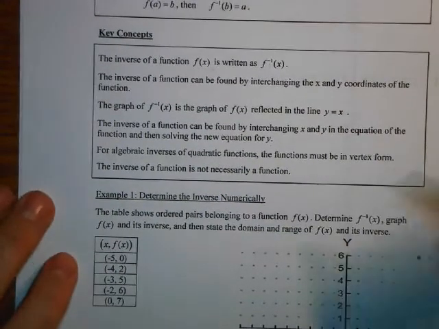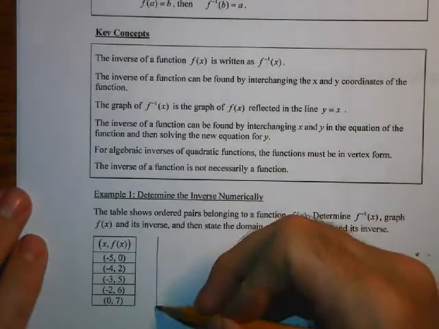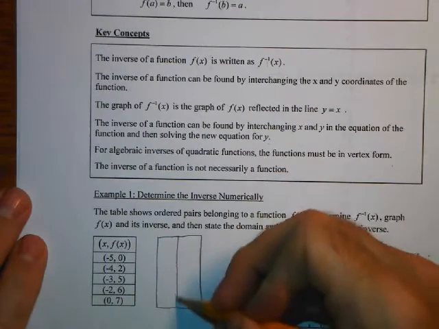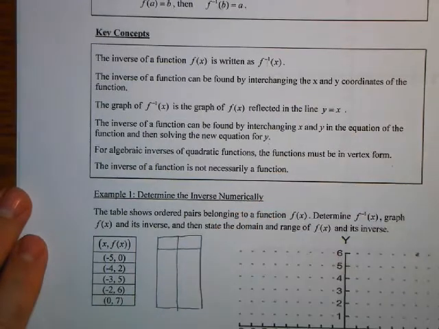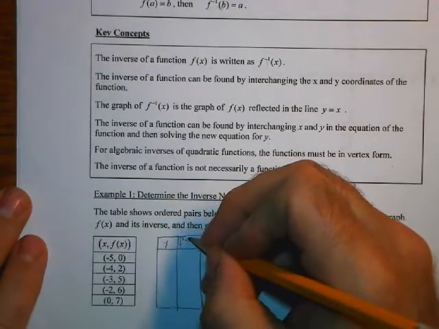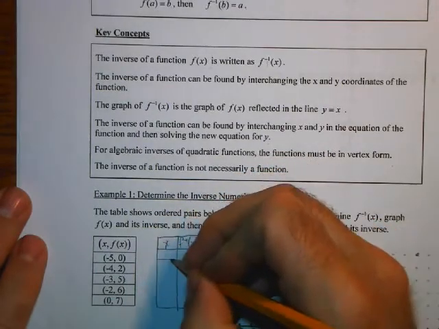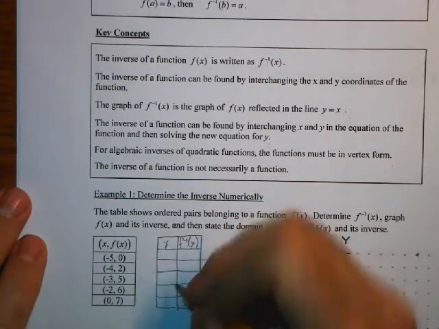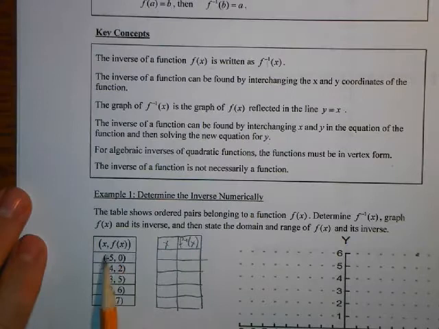Okay. So just like I showed you on my blank page, if I wanted to do a table of x and f inverse of x, all we're doing is like we did before, we just flip the positions of these on our table of values.